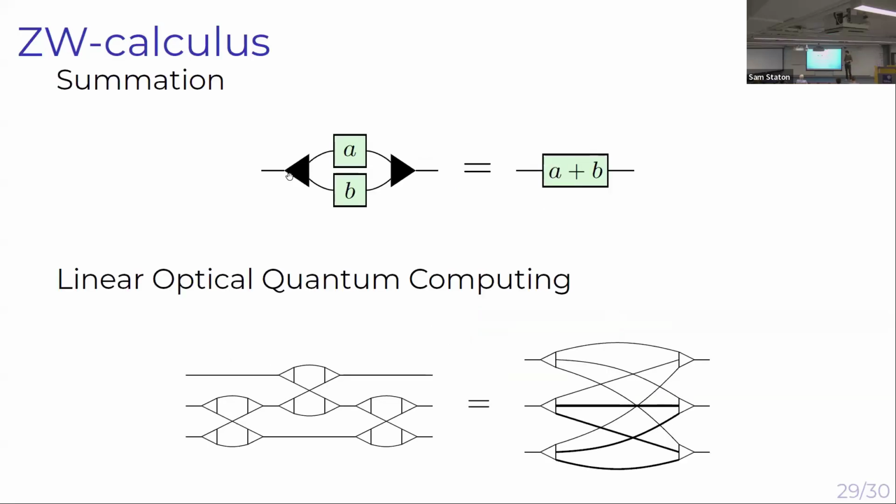And it turns out that the Z and the W are already enough to have a universal and complete calculus, but it has different kinds of applications. So we have seen ZX calculus was good for MBQC, measurement-based quantum computing, and circuit-based models. The ZW calculus is better if you want to talk about summing up certain kinds of diagrams, or linear optical quantum computing, multipartite entanglement.